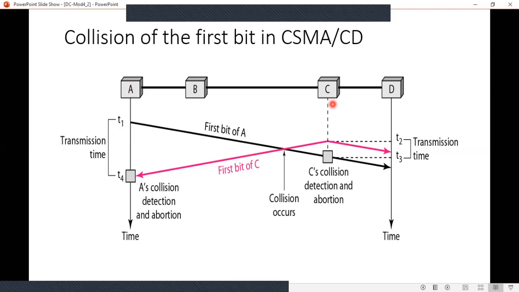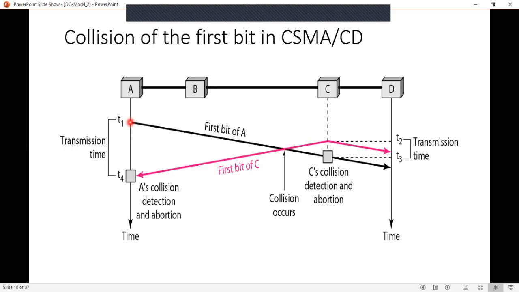At time T1, station A will execute any of the persistent methods. Just now we discussed one-persistent, non-persistent and p-persistent, right?